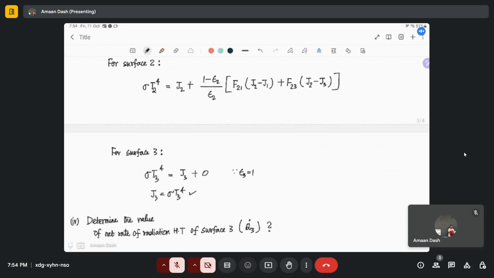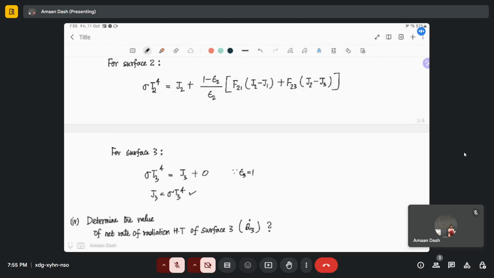So wait, let me do one thing. You can actually try to get these values and then we can see how to do this.